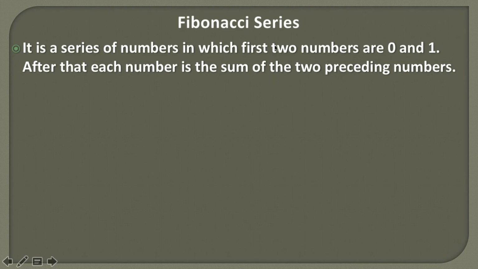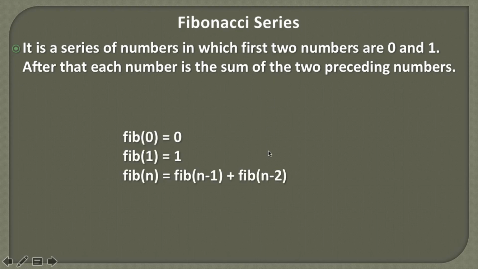If we go by this definition, then this is the formula which comes out. Fibonacci of 0 is 0 and Fibonacci of 1 is 1, which means the first two numbers are 0 and 1. After that, each coming number is the sum of the two preceding numbers.